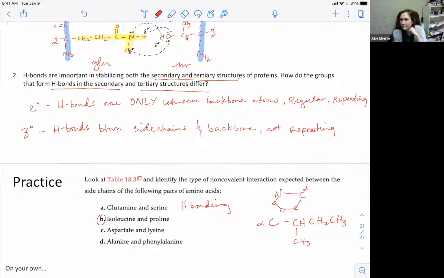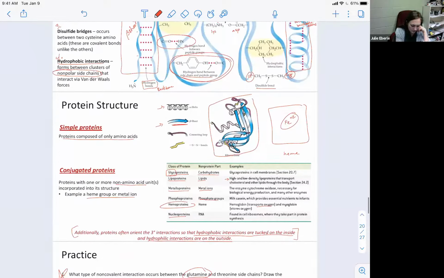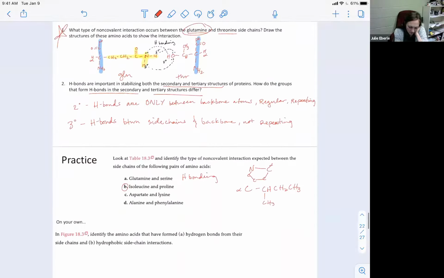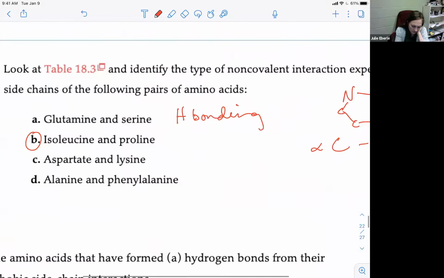Non-polar, hydrophobic. So I bet that means we would get hydrophobic interactions, van der Waals or London dispersion forces.